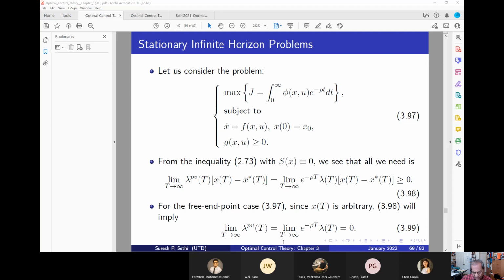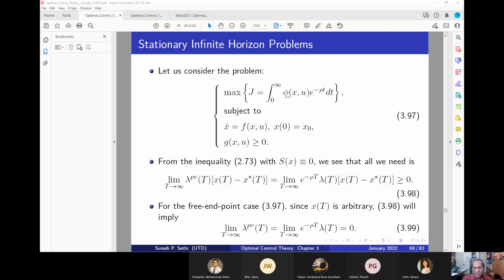I don't have the time to switch back to the book, but you can look at it. The maximum principle is no longer a necessary condition for infinite horizon problems, because the transversality condition is no longer necessary, but it is sufficient.